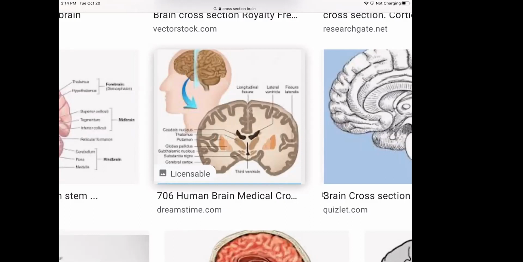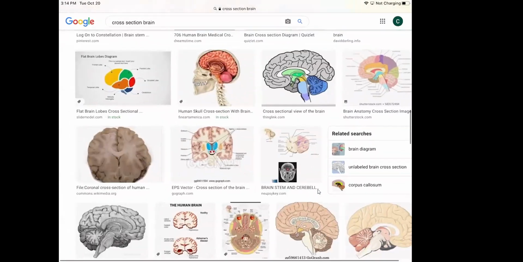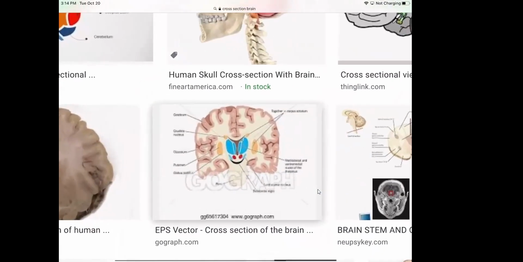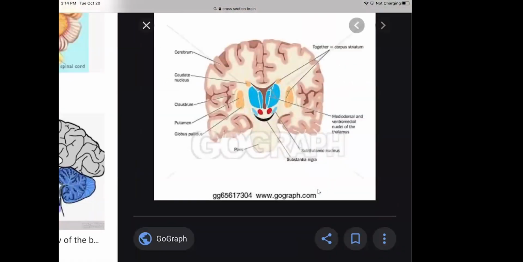So there are different places of the brain where they're concentrated. That one is pretty good, except it's kind of foggy. There are different places where you can see the gray and different places where there's white.